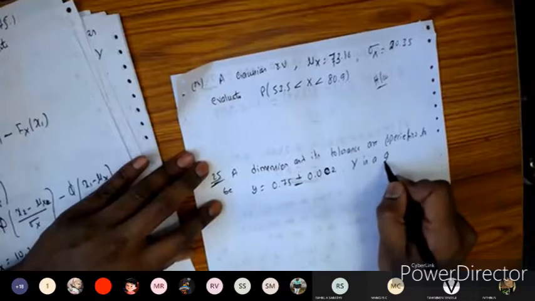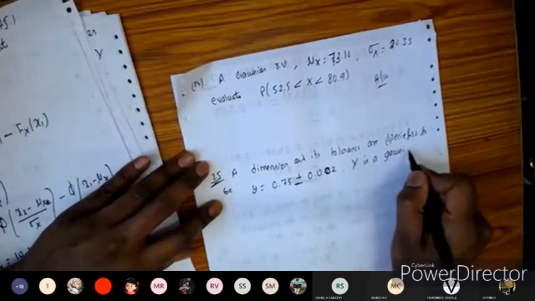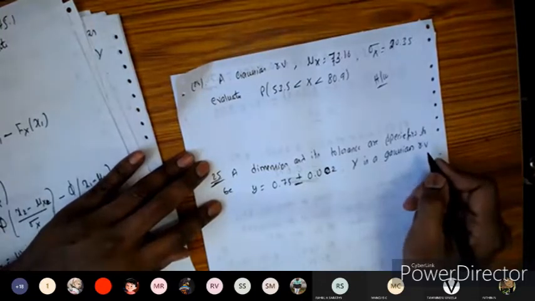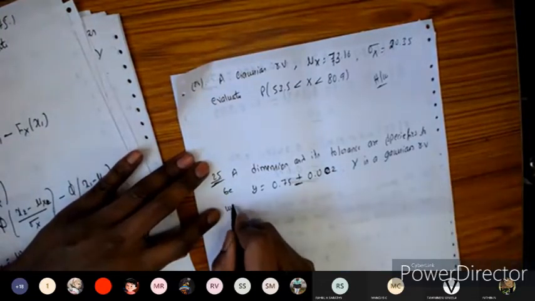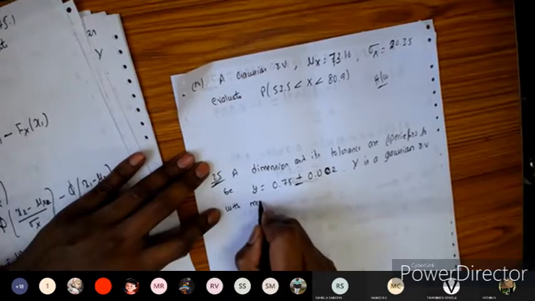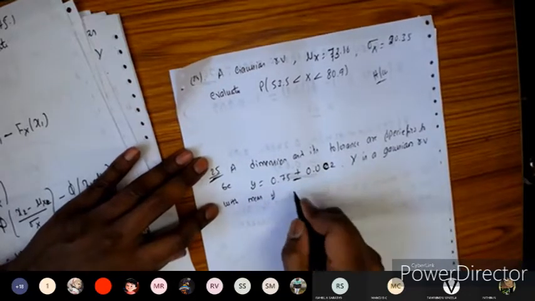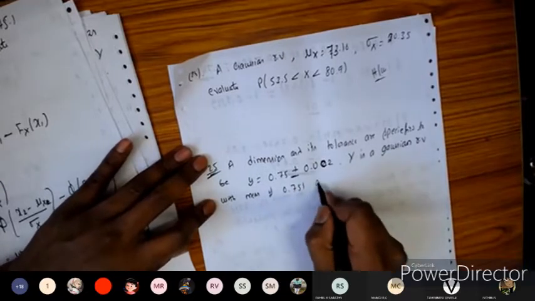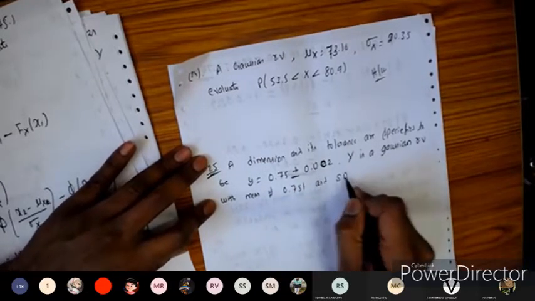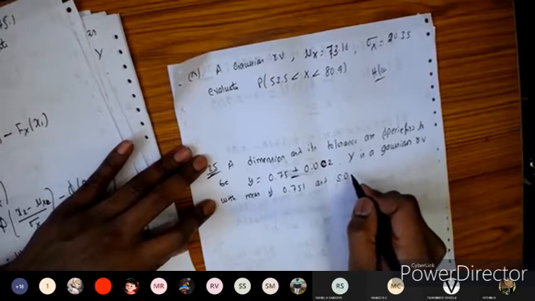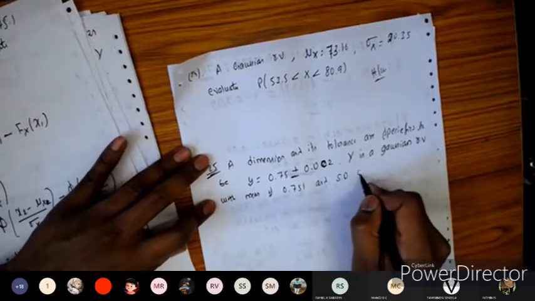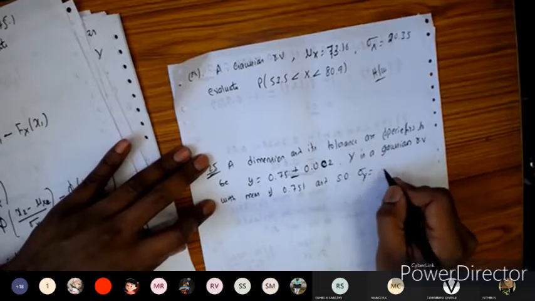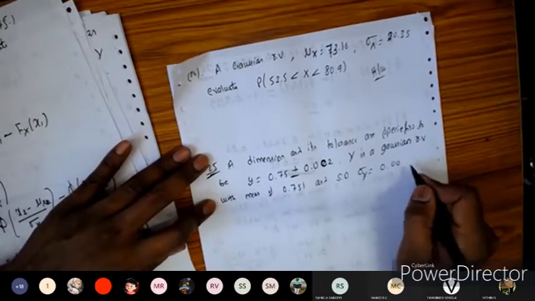Y is a Gaussian random variable with the mean of 0.751 and standard deviation sigma y is equal to 0.0013.